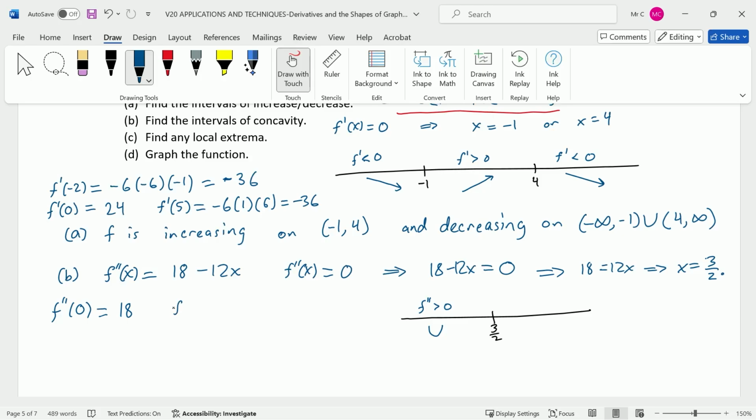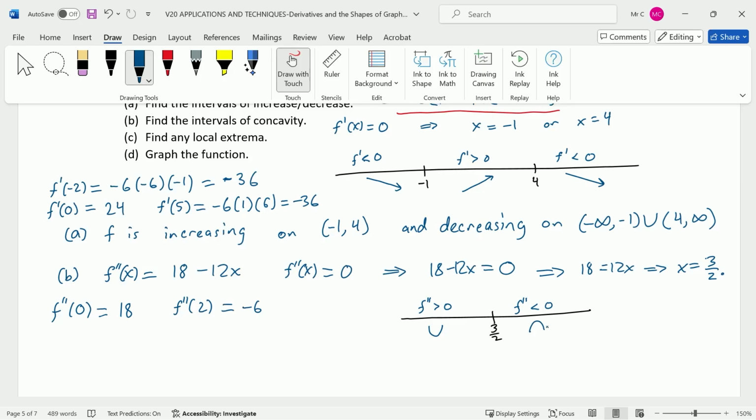And now we'll check f double prime at 2. If I plug in 2 into 18 minus 12x, that'll be 18 minus 24, that's negative 6. So we get f double prime is negative, and therefore the function is concave down on that interval.